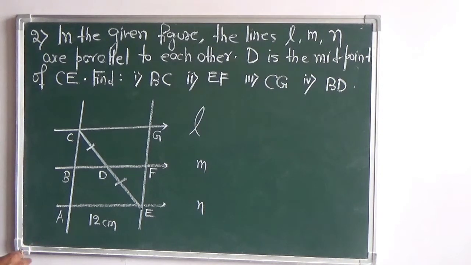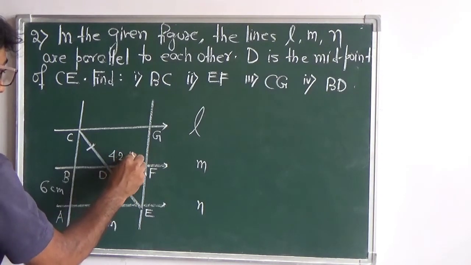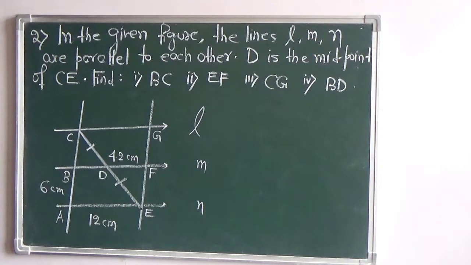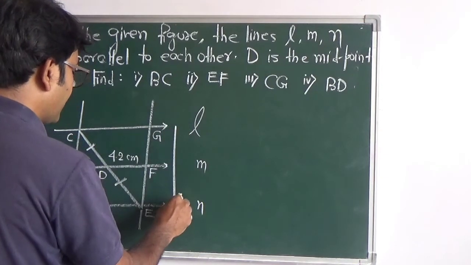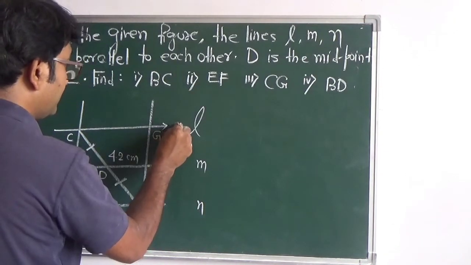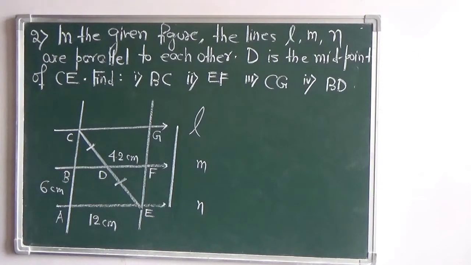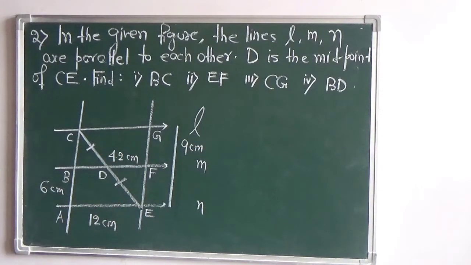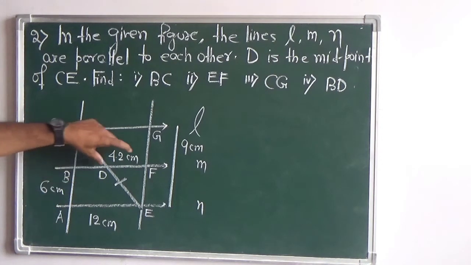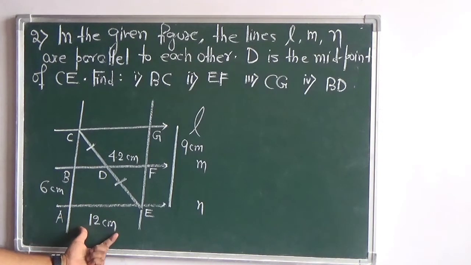AB is given as 6 centimeters. This part DF is 4.2, and the total part GE is given as 9 centimeters. So GE is 9 centimeters, AB is 6 centimeters, DF is 4.2 centimeters, AE is 12 centimeters.